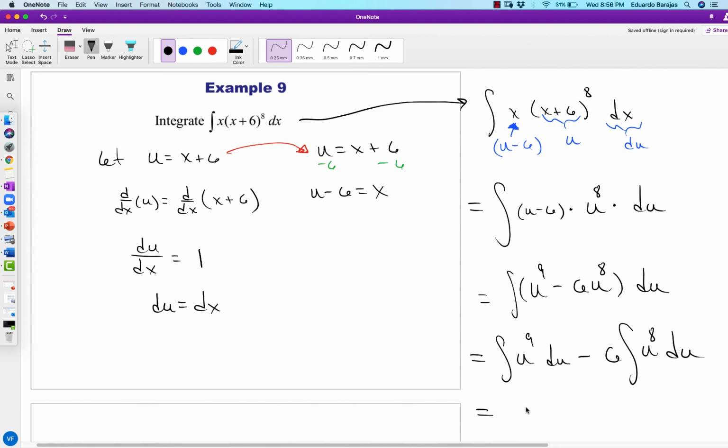This is going to be equal to u to the power of 10, and then we multiply by 1/10, minus 6 times u to the power of 9, and then we multiply by 1/9, plus some constant. So we're almost there. Now we just have to make sure we come back and resubstitute my u, which was this x plus 6.